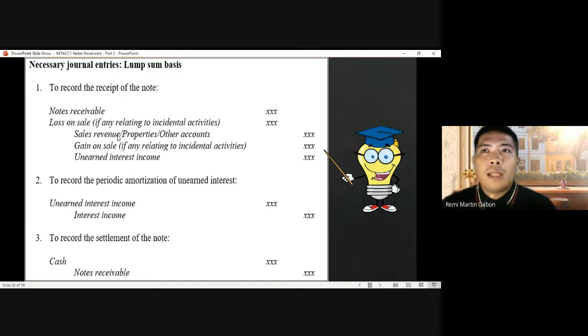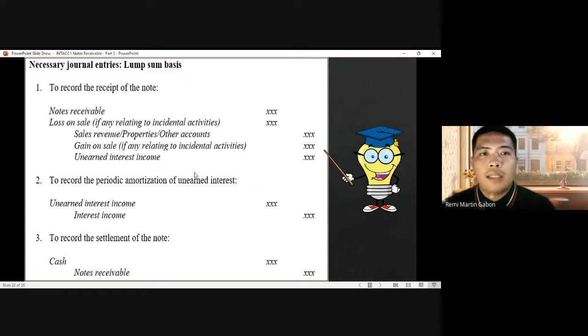Kapag yung pagbenta natin ng properties other than dealings with customers, bale parang incidental activity siya. Sales revenue kapag sale of goods or services. Then other accounts kapag, like for example, we are lending money. Then debit to loss on sale or credit to gain on sale if relating to incidental activities, if there is any loss or gain. Then the additional entry is to credit unearned interest income.